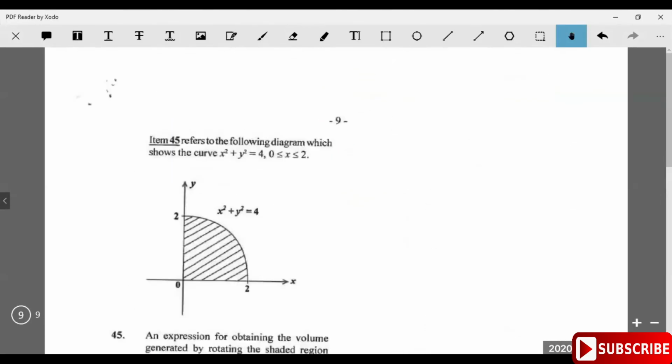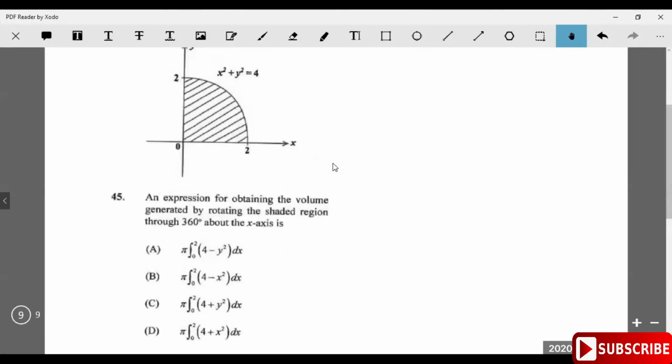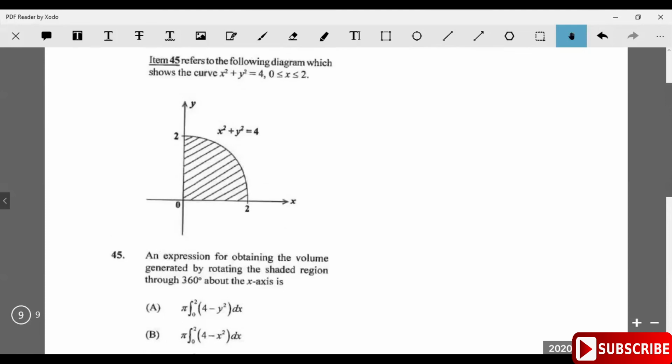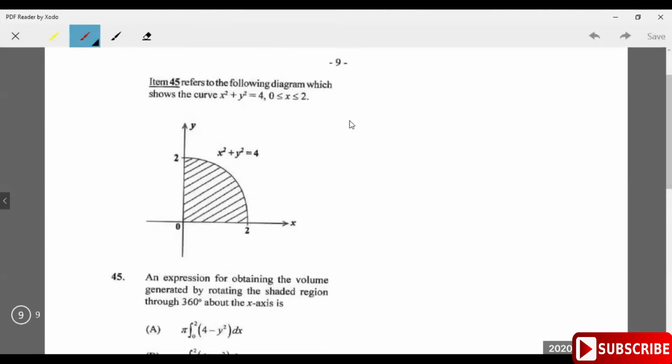All right. Question 45. Now this is not a repeat question. The last question we looked at last time asked us for the volume around the y-axis. Now they ask for the volume around the x-axis. Volume around the x-axis is pi times the integral of y squared dx. And it told us that we're integrating from 0 to 2.